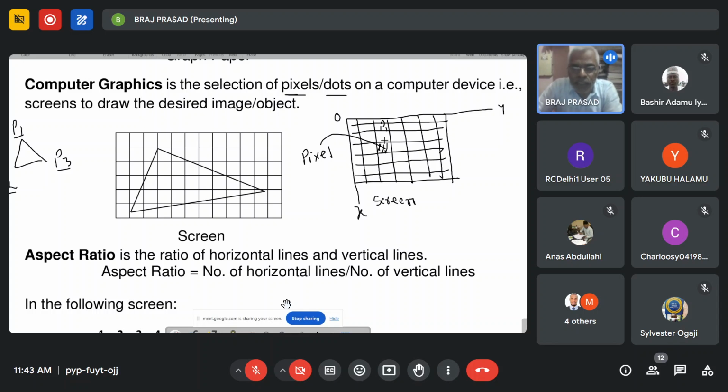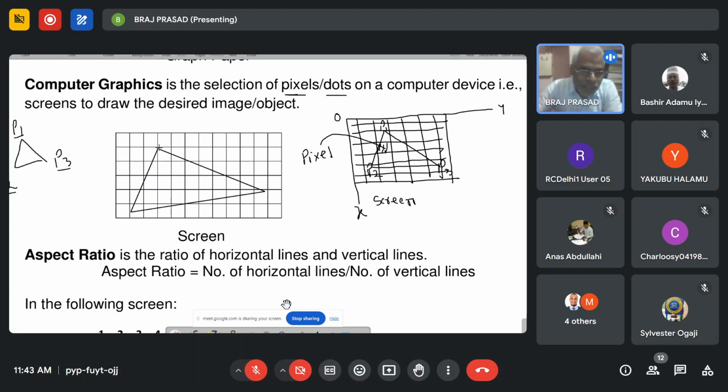Suppose P1 is at this place, and P2 is at this place, and P3 is somewhere at this place. If we combine these points, then we get the desired triangle, and this triangle is our object.